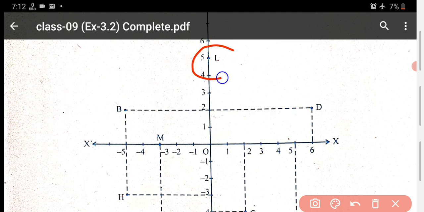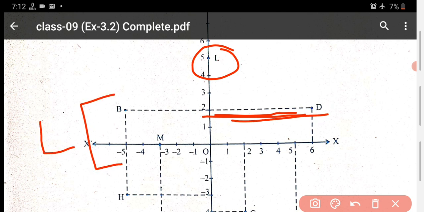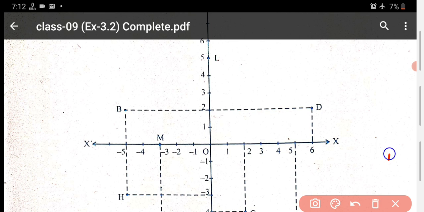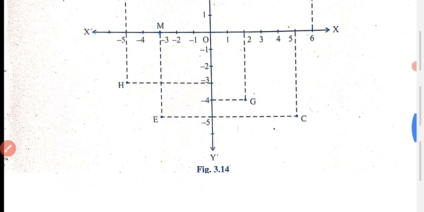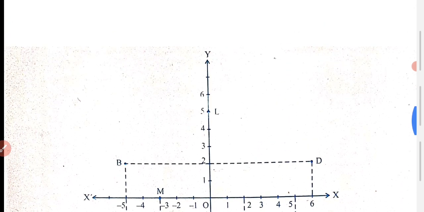As you see here, for the L point the x coordinate is 0 because no value is there. So you write L, for the x-axis 0, and for the y-axis 5. So your answer is 0 comma 5. And now for the point M, just look here. Where is M?